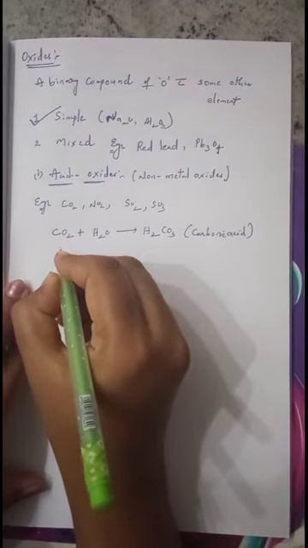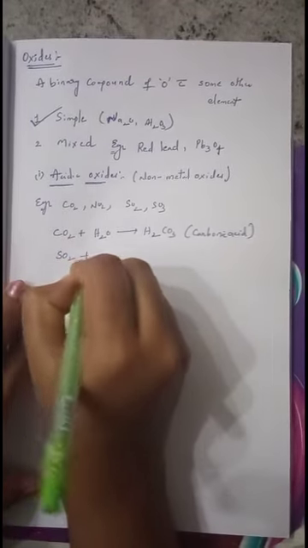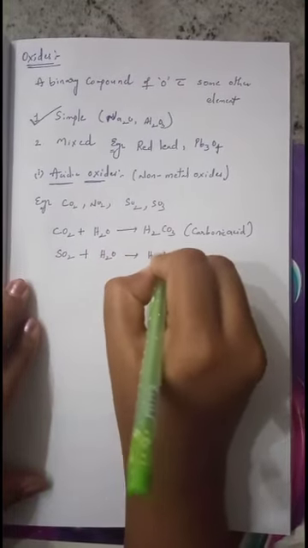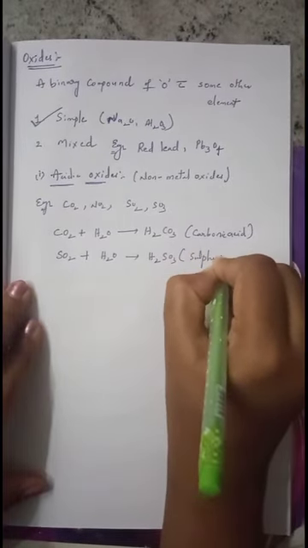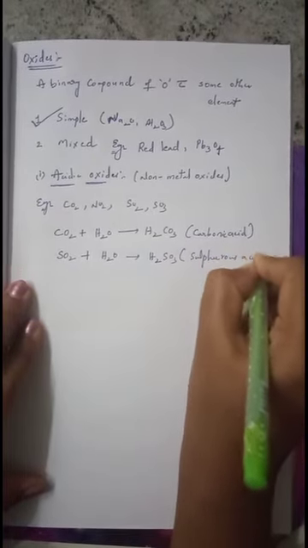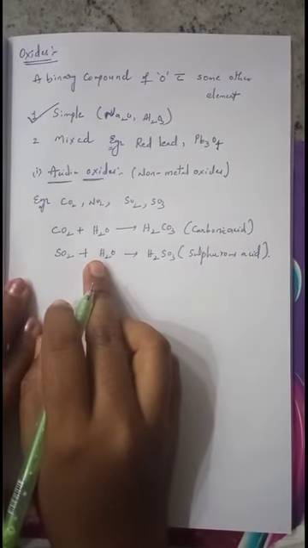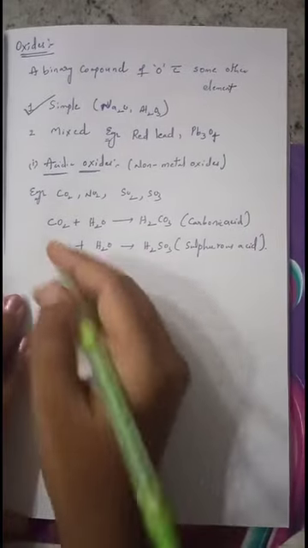One more we will take, that is SO2. When SO2 dissolves in water, it converts into H2SO3, which is known as sulfurous acid. So non-metallic oxides on dissolution with water can give acids. That's why we call them acidic oxides.